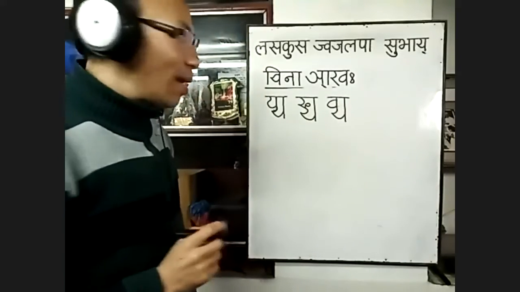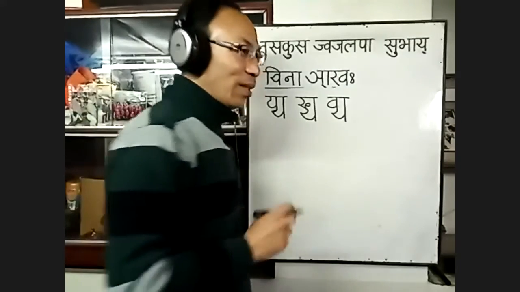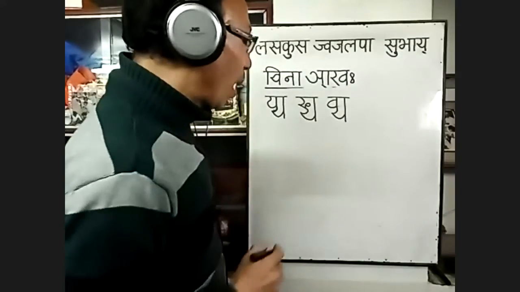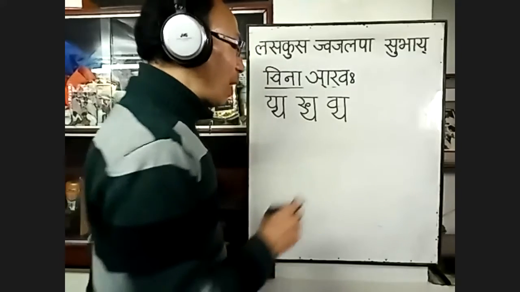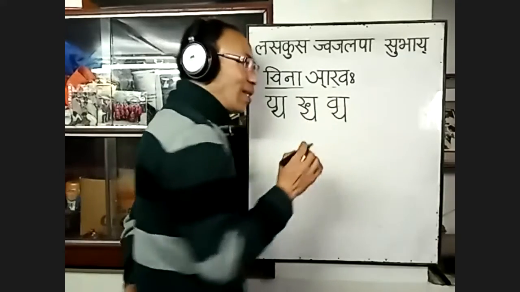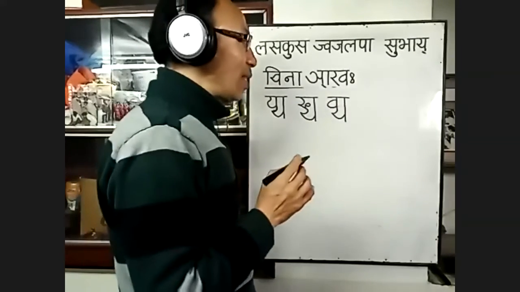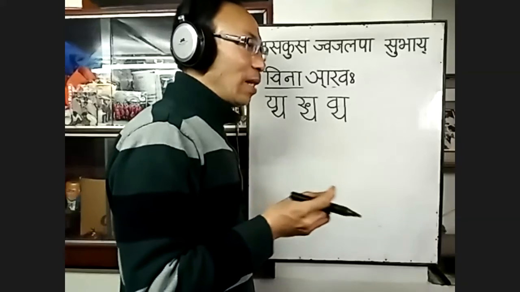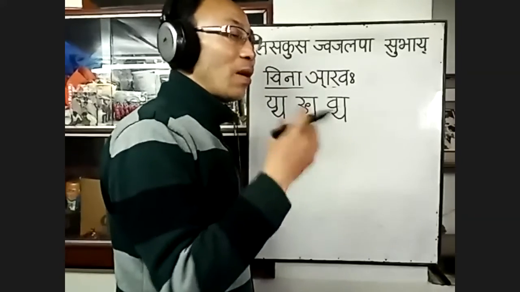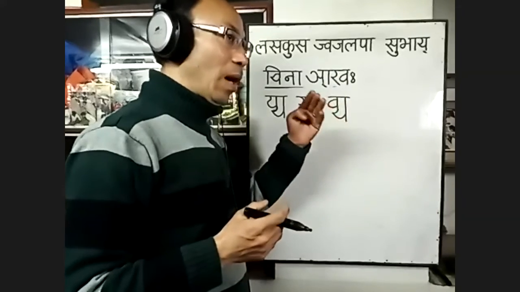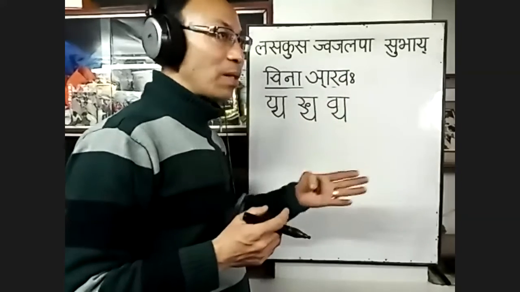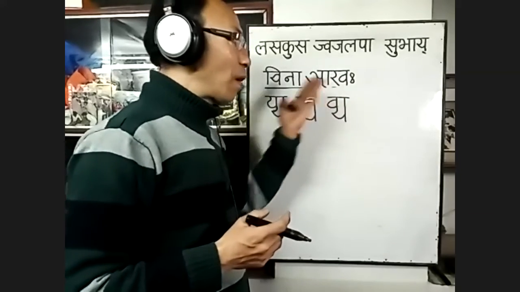Like we discussed on Friday also, we discussed the bha. Bha has a character depending on whether it comes at the beginning or at the end, I mean, when it comes as the bottom letter and when it comes as the upper letter.